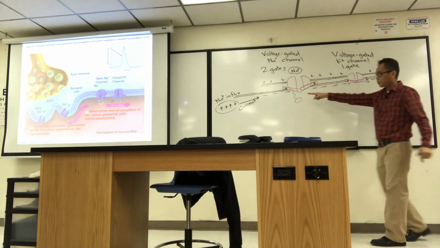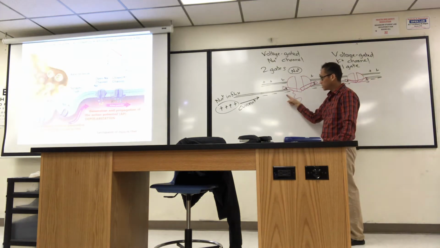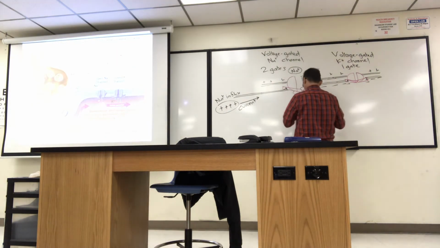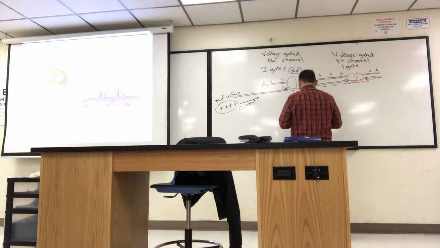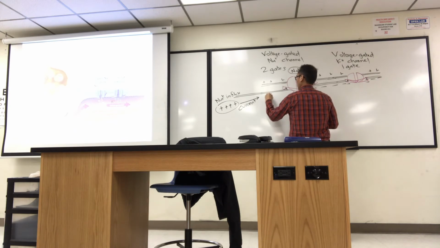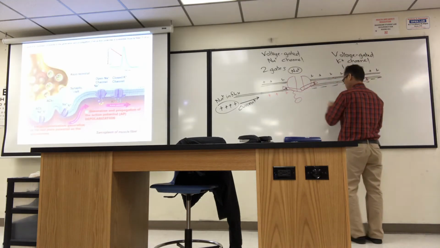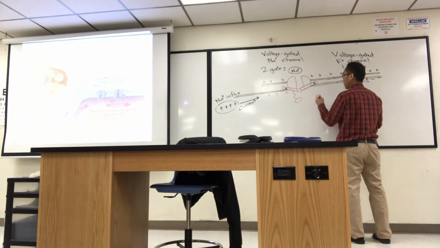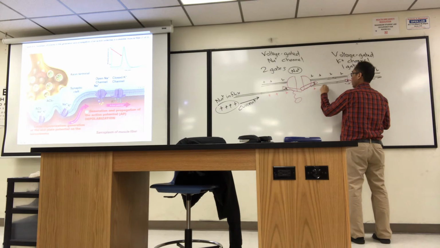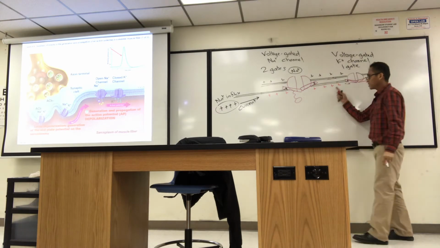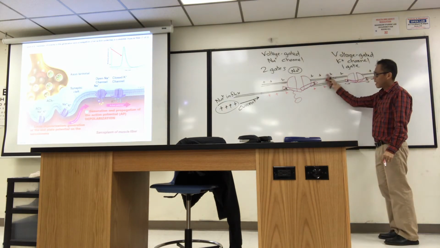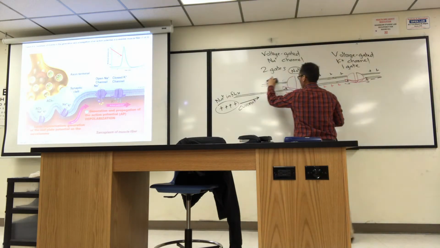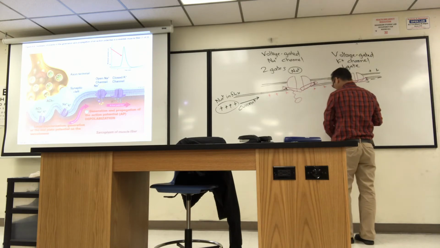So when this positive current comes and replaces these negative signs, replace them with positives. And here too. Replace everything. The inside of the cell became positive, and the outside will become negative when this current just kind of travels by.